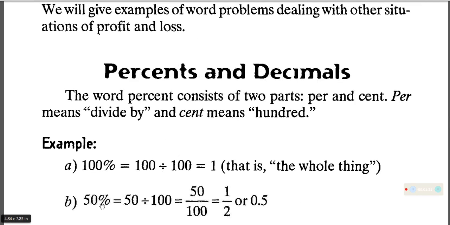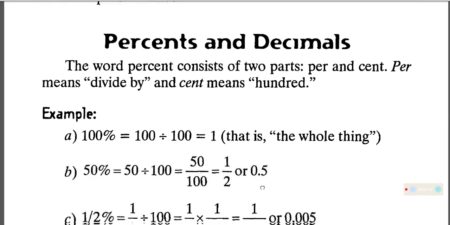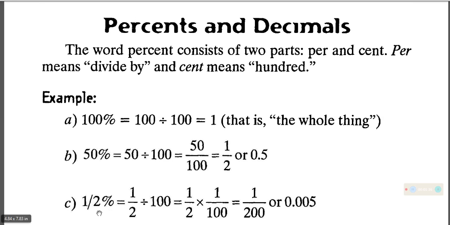What about 50%? So 50%, we are going to divide 50 by 100. You will have 50 over 100, or in fraction, that is 1 half, and in decimal, that is 0.5. Now, what about half percent? So, what is half percent?